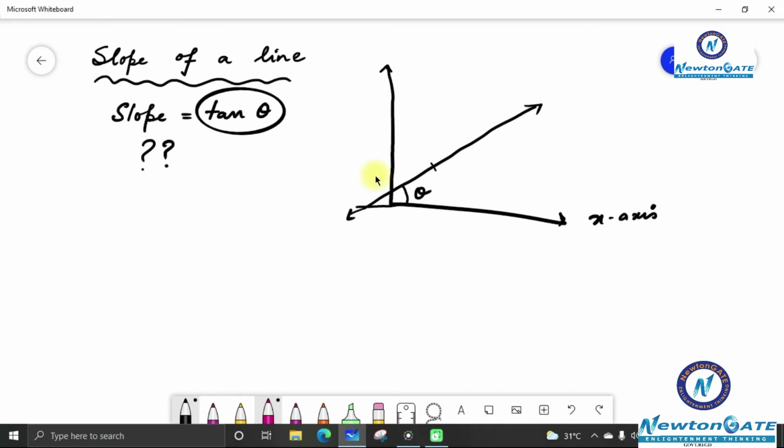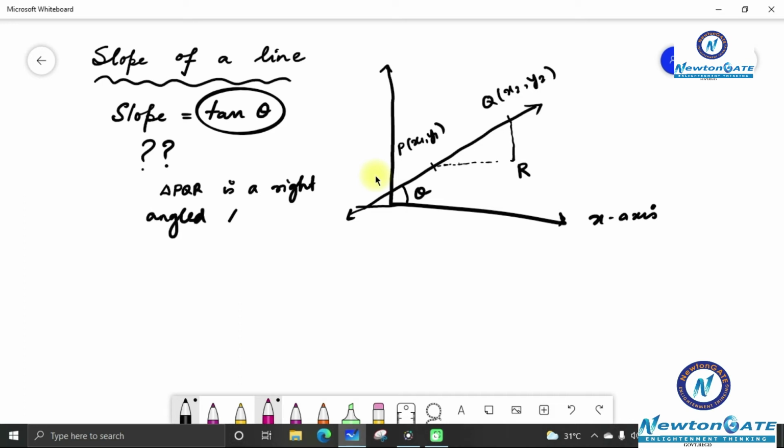Suppose I take 2 points P and Q, P x1, y1 and Q x2, y2. So these are the 2 points on this straight line. Now let's draw a right angle triangle with these 2 points. So if I draw a line parallel to the x-axis and name the point of intersection as R, PQR becomes a right angled triangle.